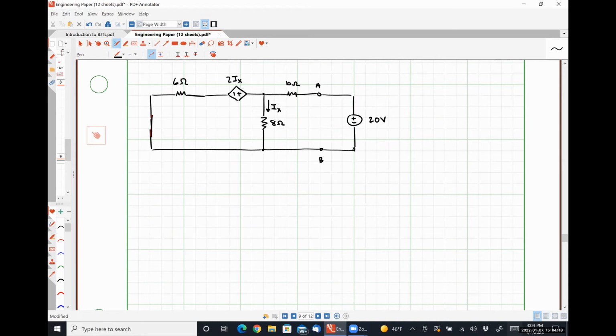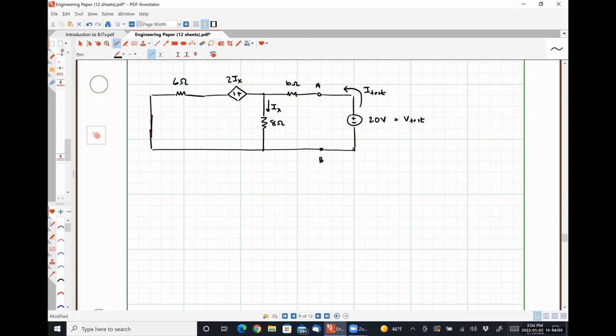We're using a test voltage of 20 volts. Okay. The number that we choose and the polarity that we choose is inconsequential. So you can use literally whatever you feel like and it'll work out correct as long as you're doing the circuit analysis correctly. So the quantity that we're trying to find is this current I test leaving the positive polarity terminal of our test voltage source.